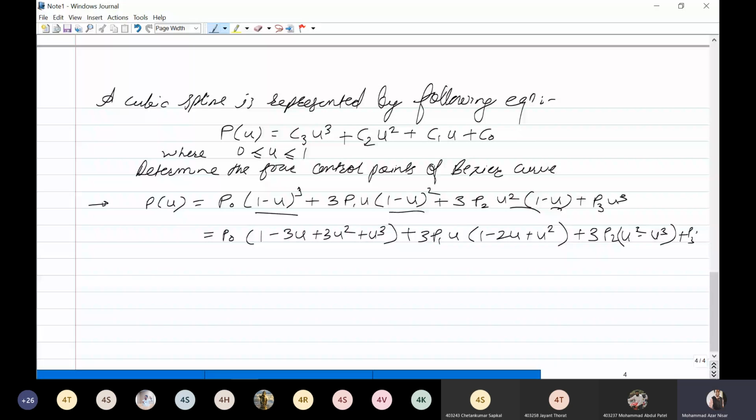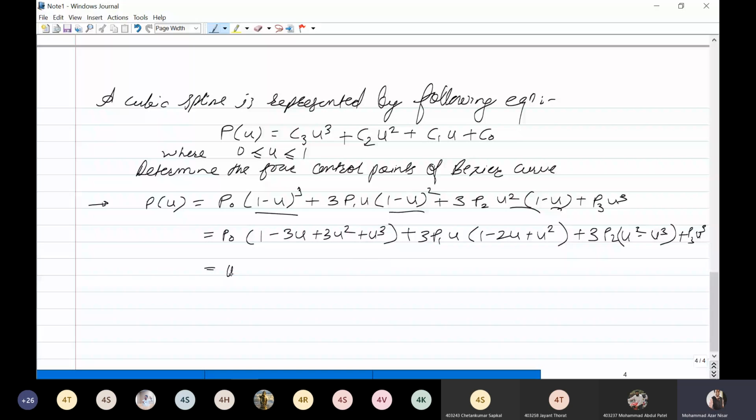Now you can also multiply this inside, then you will get, again, 1 minus 3u plus 3u square minus u cube, or you can directly multiply this P0 inside. I will rewrite again.